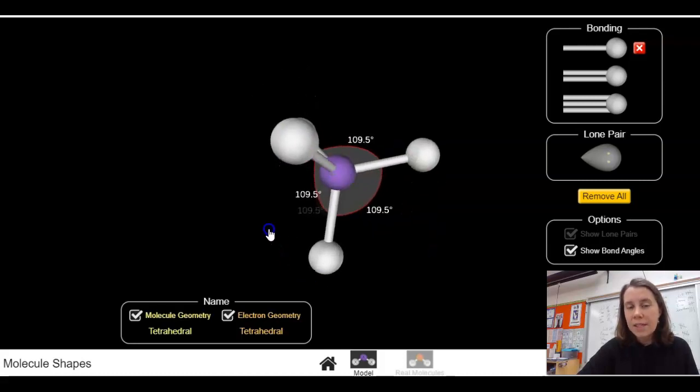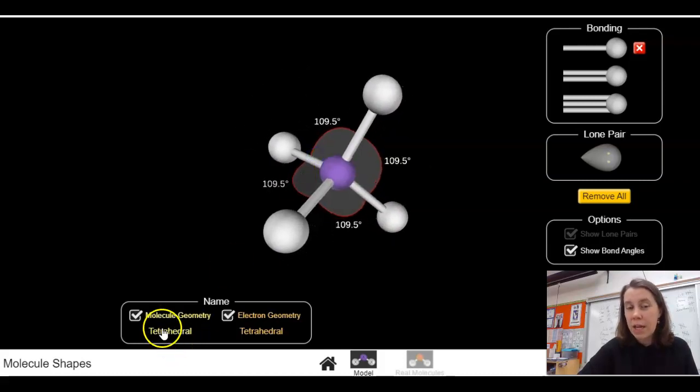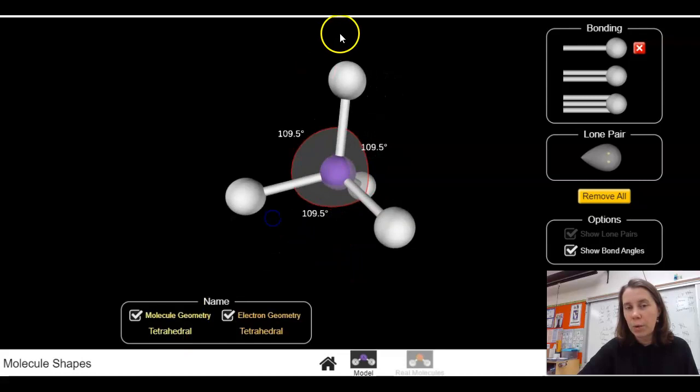Okay, so this shape is called tetrahedral, right? If you remember, tetra was 4 in our prefixes, and the shape that you would get if you connected all of the atoms on the outside is called a tetrahedron, so that's where the name comes from, right?